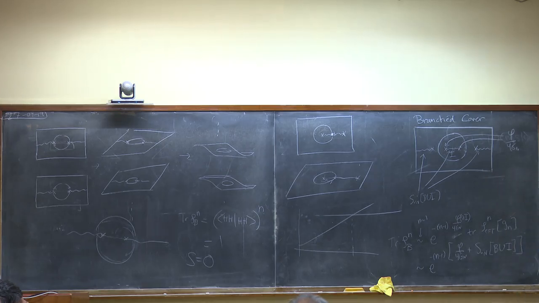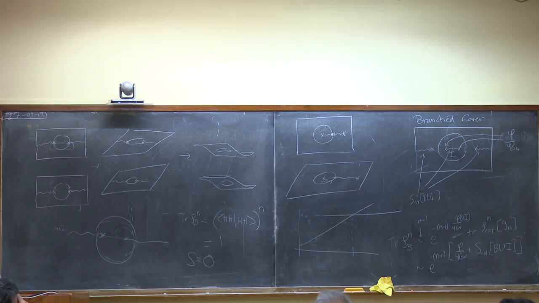Definitely, yes, it does depend on S naught. I ignored S naught in my equations because to me it's just an inconvenience. It doesn't come into the extremization, because it's a constant.